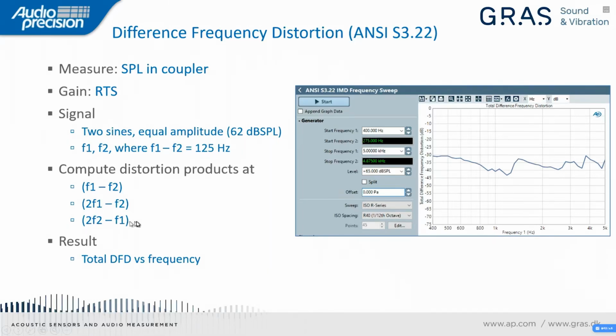As you can see here, we have a measurement called ANSI S3.22 IMD frequency sweep, and this is a brand new measurement that we've just added to the APX software as of version 6.0.1, which is the latest version currently available on our website.